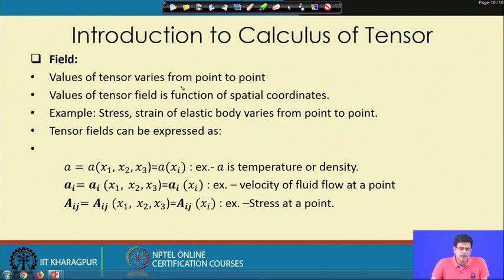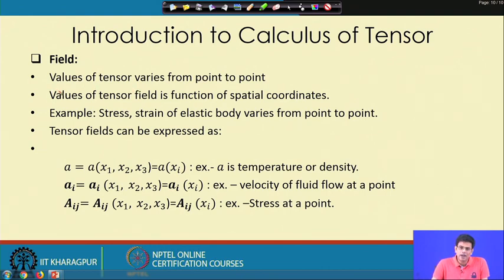Values of a tensor vary from point to point. A field can be a displacement, a field can be a stress. Displacement is a vector, so we call it a vector field. Stress is a second order tensor field.